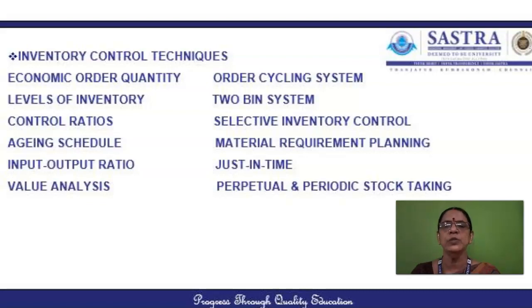Inventory turnover ratio is equal to cost of goods consumed or sold during the period divided by the average inventory held during the period. Average inventory will be opening inventory plus the closing inventory divided by 2. Cost of goods consumed will be opening inventory plus the purchases minus the closing inventory.